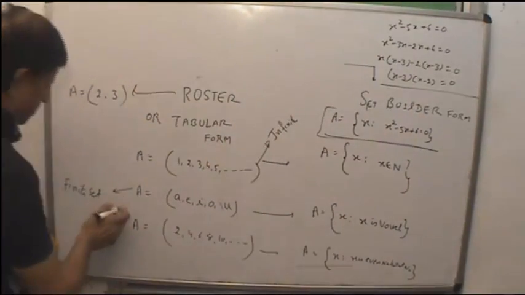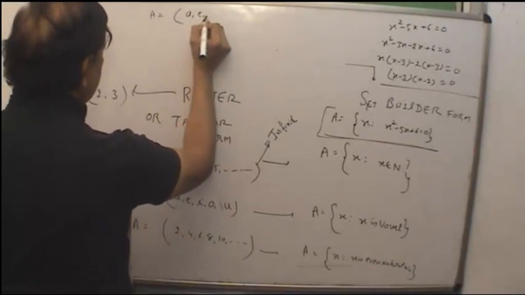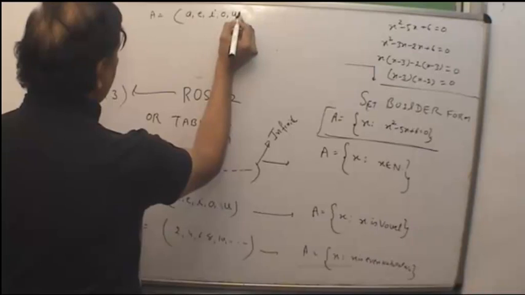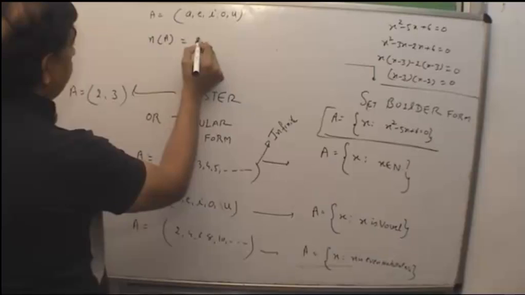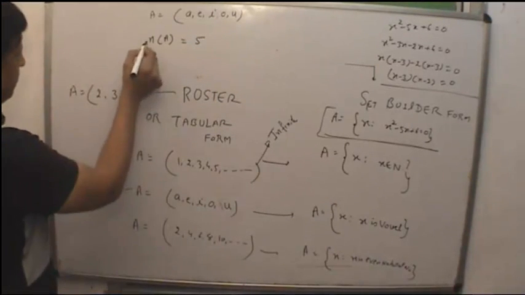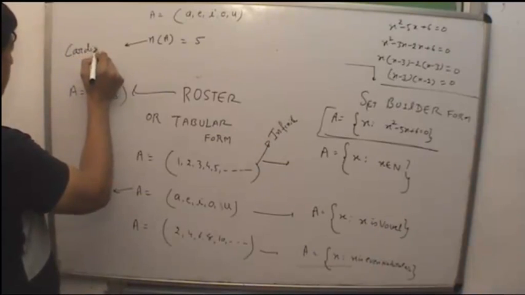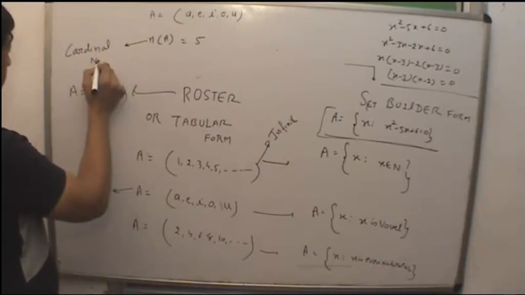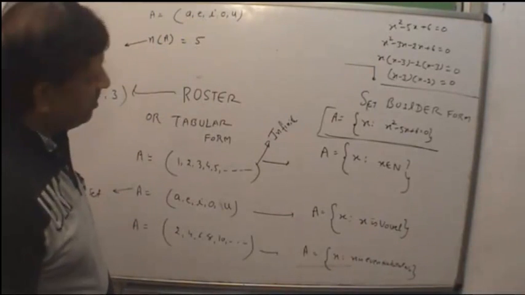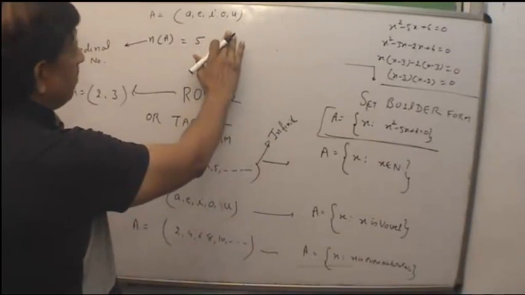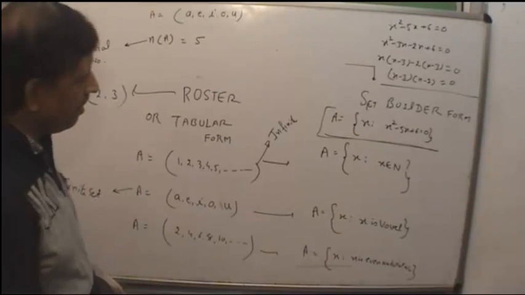Here A is the set of the vowels a, e, i, o, u. Here we can write n(A) equal to 5. n stands for the cardinal number, or we can say there are 5 members in the set. Only for finite sets can we write their cardinal numbers.